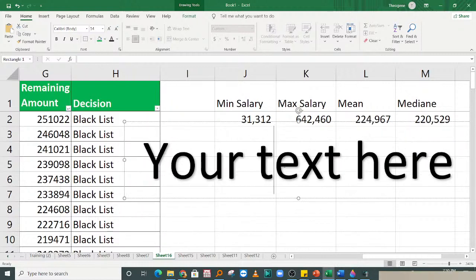If we sum up the deviation, you will get 0.